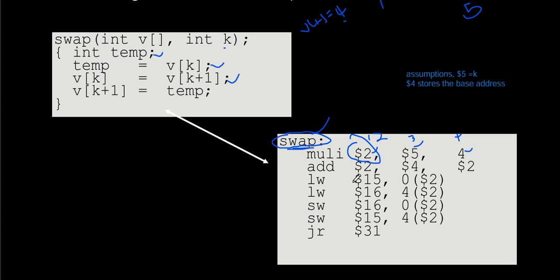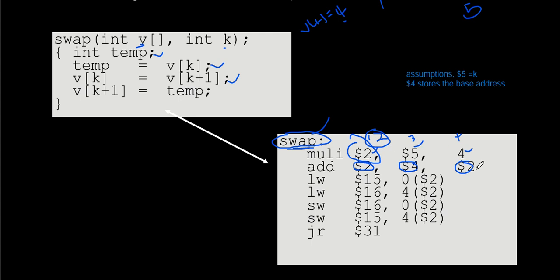Now the second line, they are adding $4 and $2, and they are storing it back in $2. So remember, in the previous line, $2 was 12, right? Now what is $4? They did not state any use case, but I'm assuming it's for the base address of the array. If that is the base address of the array, then that base address will be added to the content of $2, and the old content of $2 will be replaced by that result.